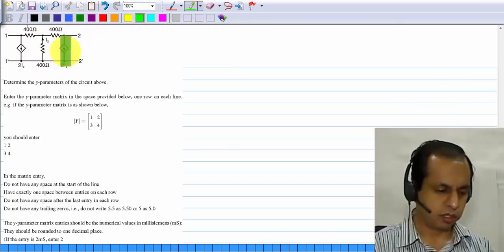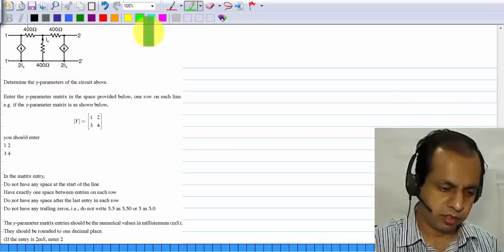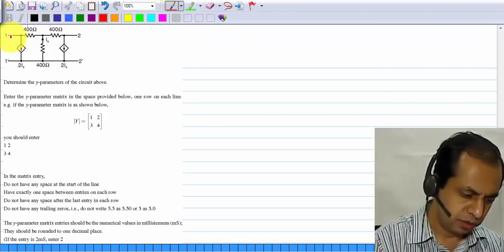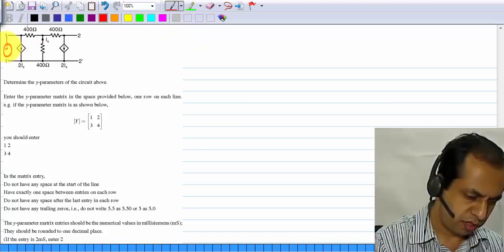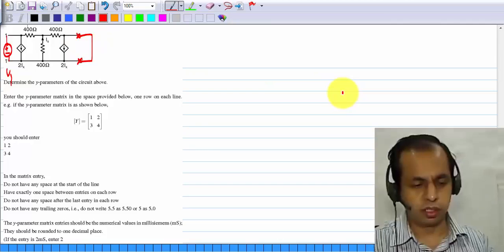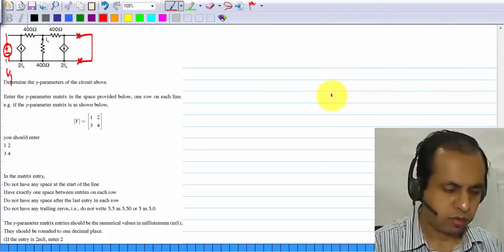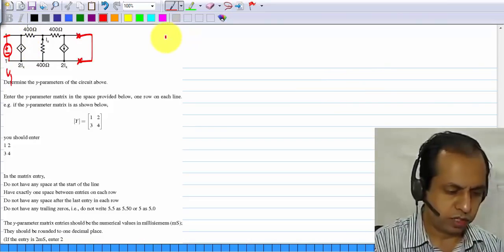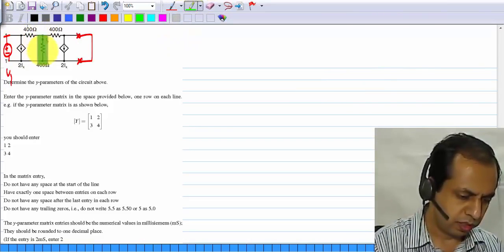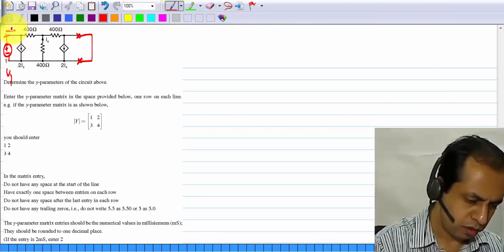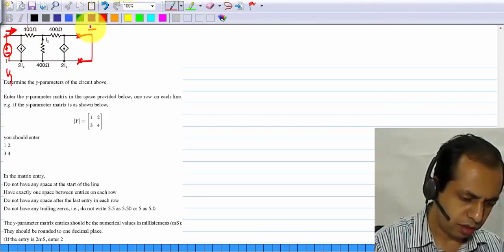Again, another circuit, and you are asked to find the Y parameters. The principle is exactly the same. Let's say you connect V1, short circuit port 2, and you have to find the current here and the current there.